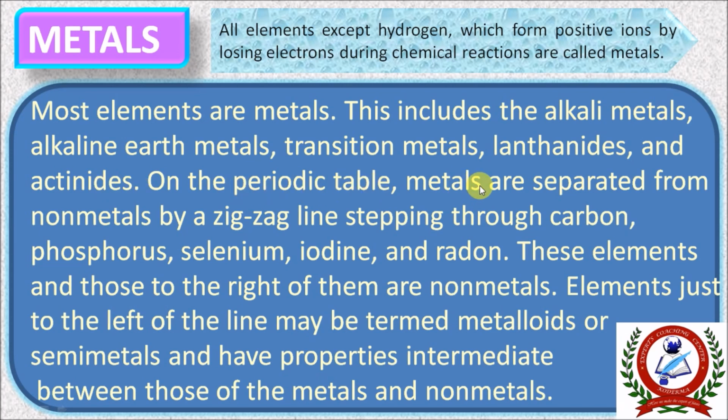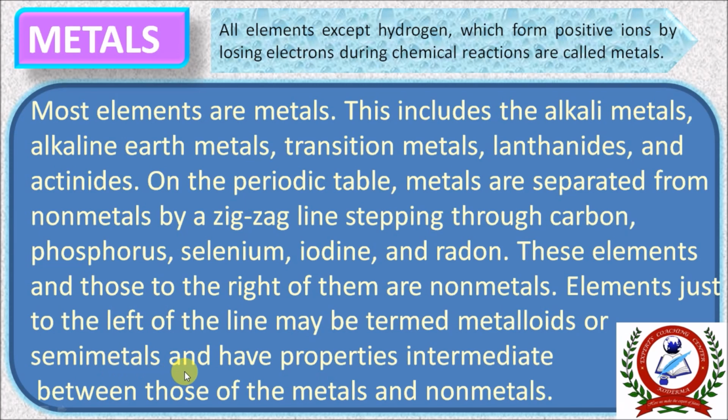On the periodic table, metals are separated from non-metals by a zigzag line stepping through carbon, phosphorus, selenium, iodine, and radon. These elements and those to the right of them are non-metals. Elements just to the left of the line may be termed metalloids or semi-metals and have properties intermediate between those of the metals and non-metals.